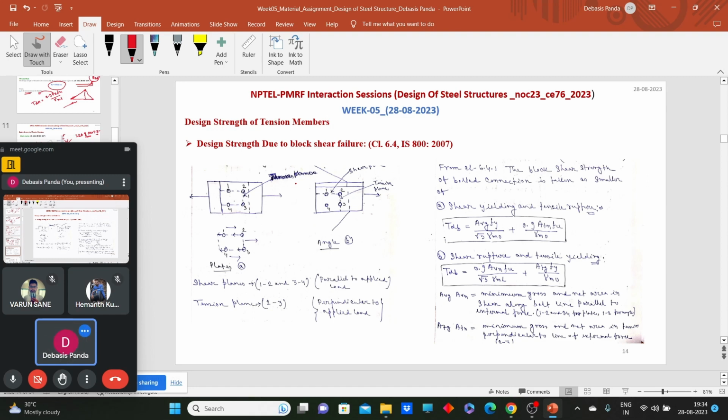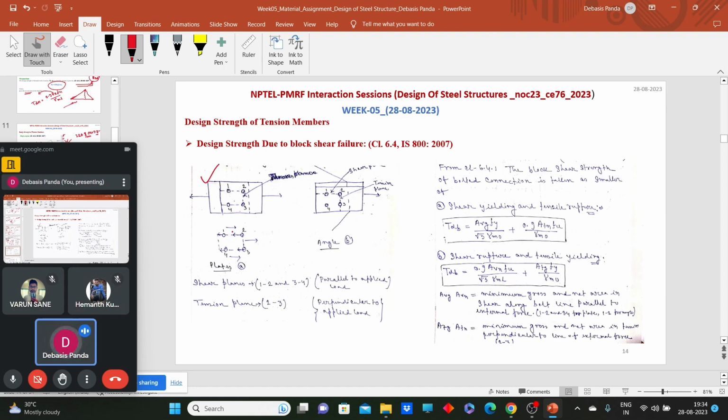One, shear yielding and tension rupture. Secondly, shear rupture and tension yielding. Now I will decode what shear yielding with tension rupture, and tension yielding with shear rupture mean. Here the failure process is given.